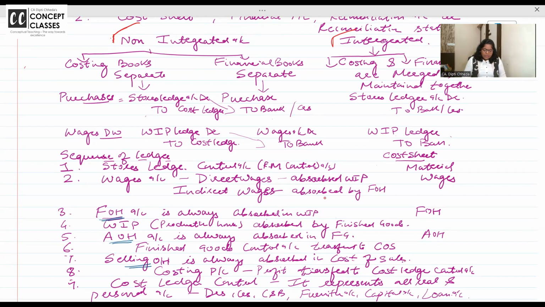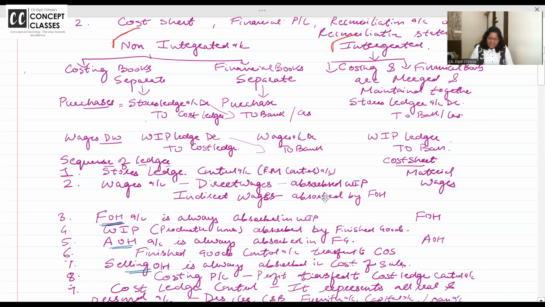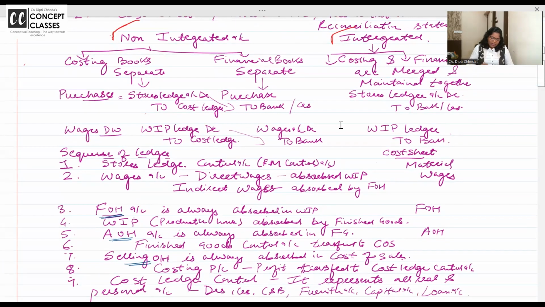So stores ledger to cost ledger control account, and some books call it general ledger account, so GLA account. In financial books, purchase account will be debited and to bank and all. But if it is combined, what entry you will pass? दोनों अगर एक ही साथ मिला के लिखा है, integrated books of accounts, stores ledger debit to bank and creditors, मिला के. Clear?